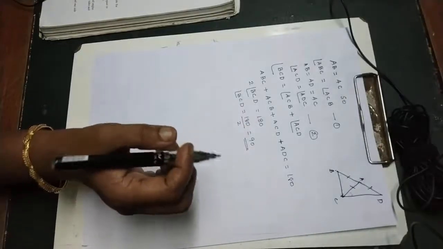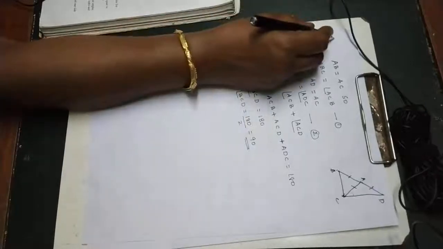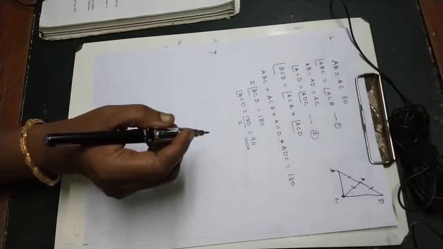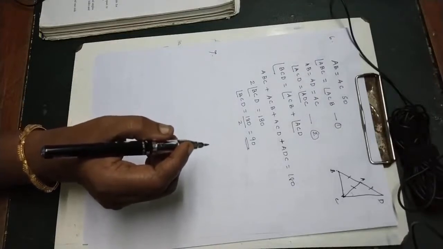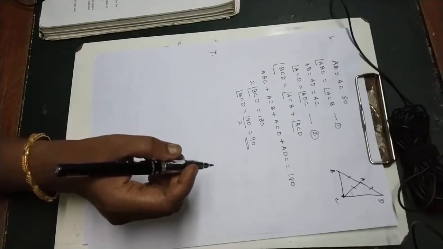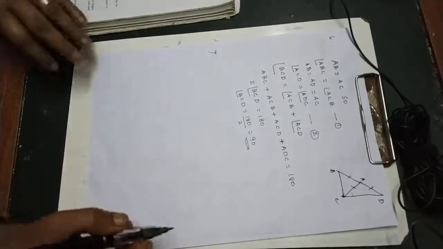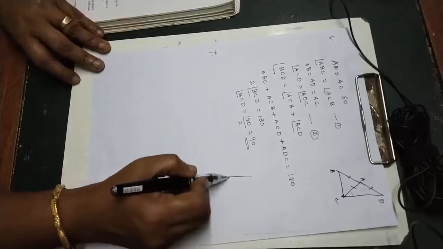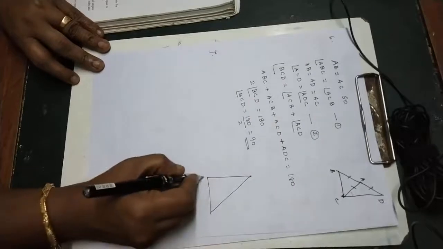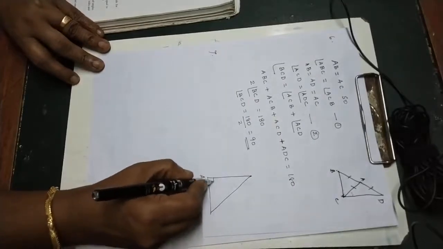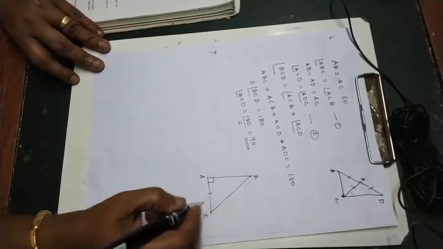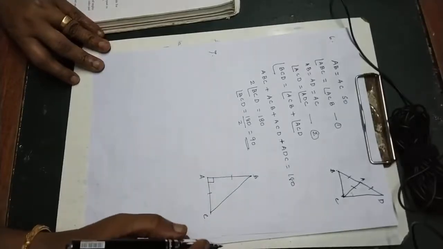Now 7th one, this is 6th one. ABC is a right angle triangle in which A equal to 90 degree, AB equal to AC, find B and C. So first draw a right angle triangle at A. So this is A 90 degree and B and C. So it is given AB equal to AC.